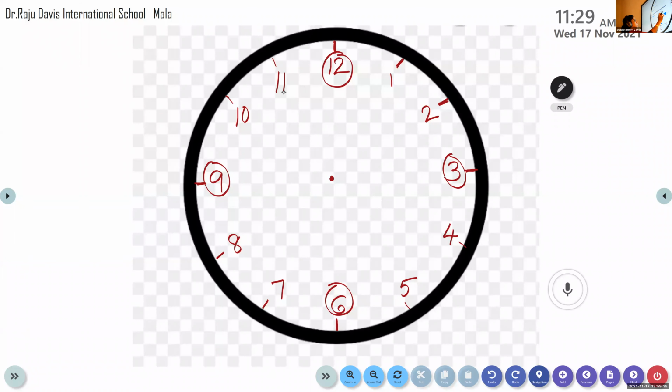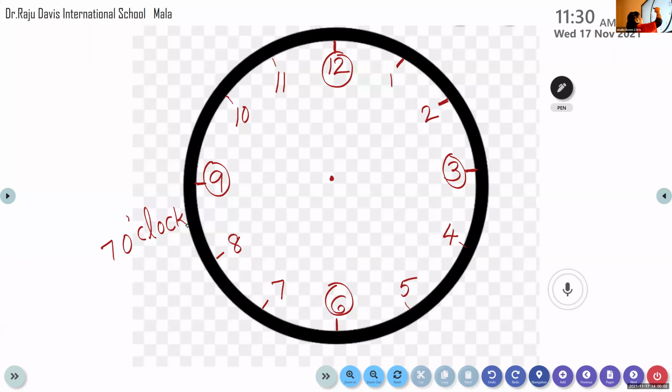Yes, ma'am. Okay, now listen, what is the time given? According to that, we have to draw the hands of the clock. So now here, if the time is 7 o'clock, how to draw the hands here?